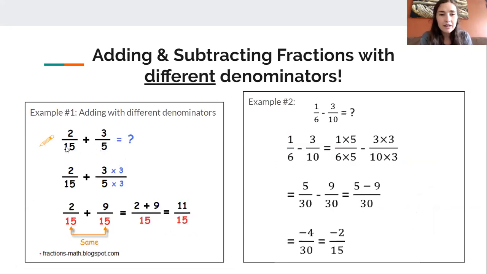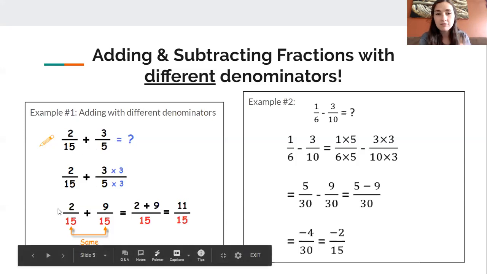So we can see what number we can get that is a multiple of both of these. This is also called our least common multiple. We know that 5 goes into 15, but how many times does 5 go into 15? 3 times. So we're going to leave 2/15 alone, and we're going to do 3/5 over 3/5.